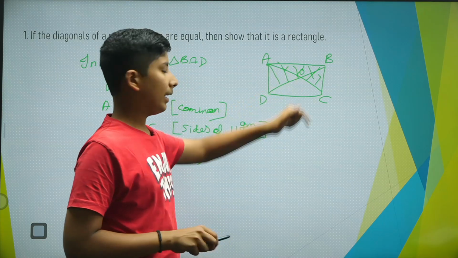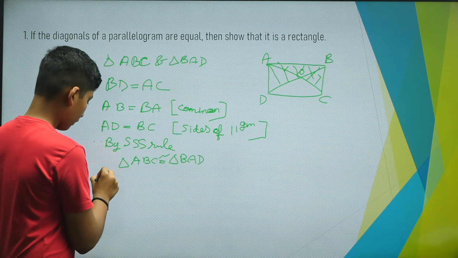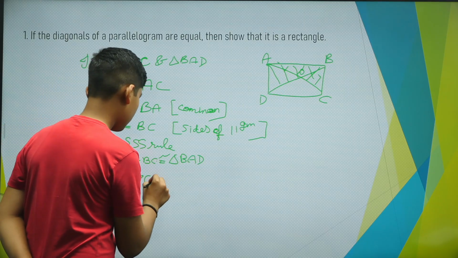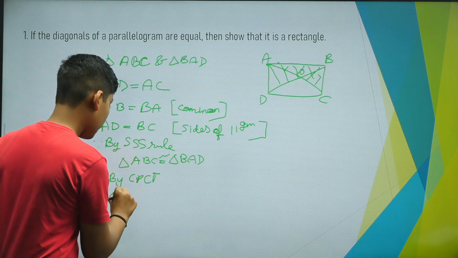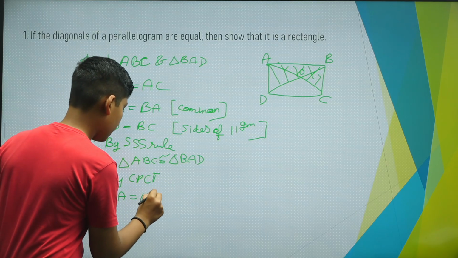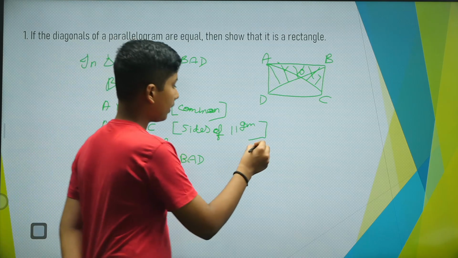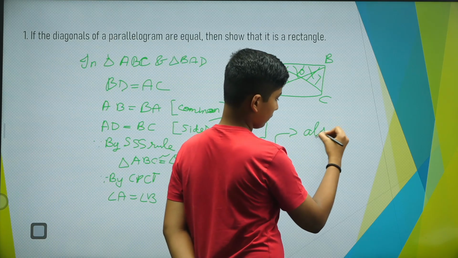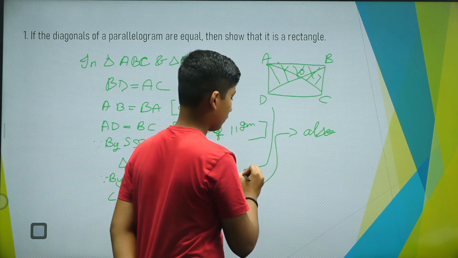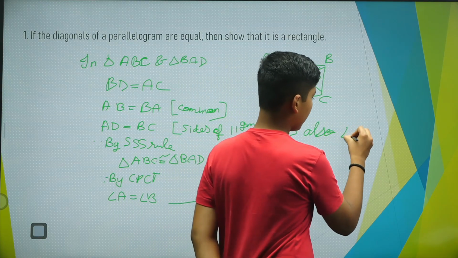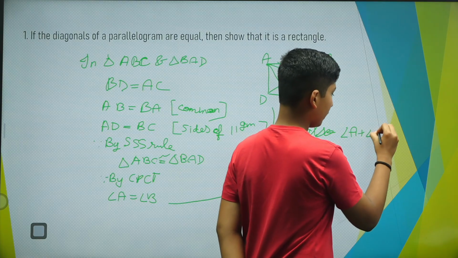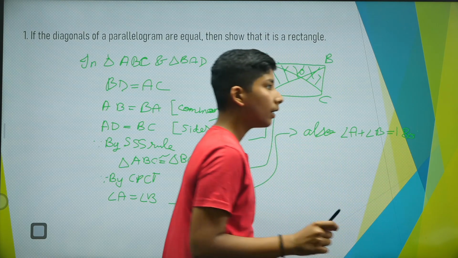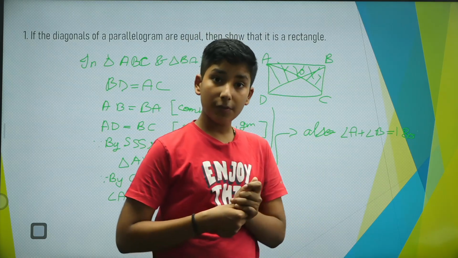By CPCT, we can prove angle A equals angle B. And also angle A plus angle B is equal to 180 degrees.